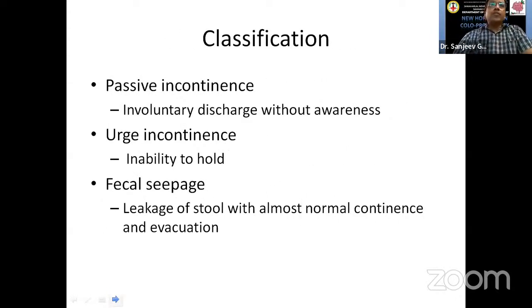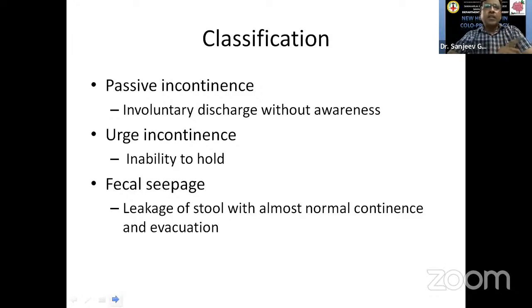Coming to the classification of fecal incontinence, there is passive incontinence, which is involuntary discharge without awareness. The patient does not have the urge to defecate, and it leads to an involuntary continuous discharge. Furthermore, there is urge incontinence, in which the patient has awareness and an urge for defecation, however has an inability to hold it for a substantial amount of time until it is socially convenient to pass motion, and that is also included in incontinence.